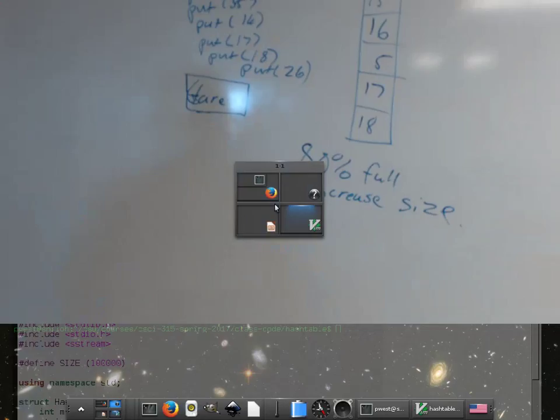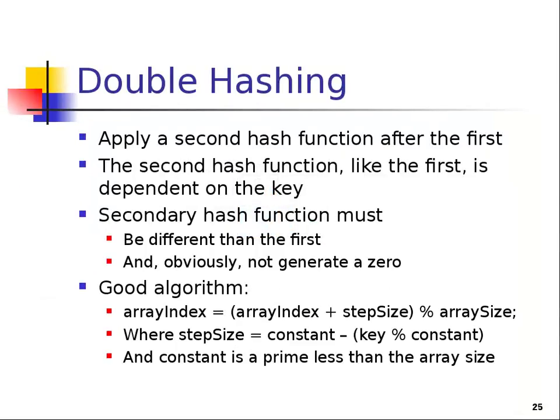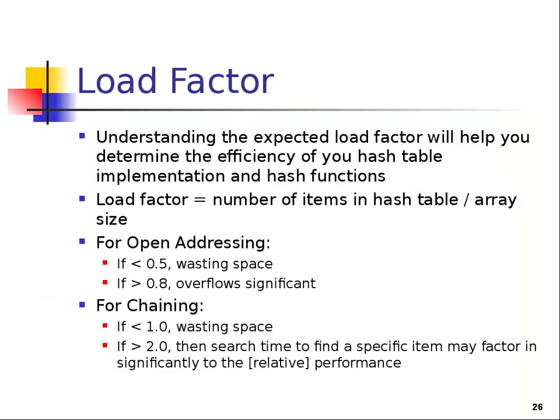So that's what a load factor is. It's there to help us avoid all these collisions. For open addressing, if you're less than 50% full, you're wasting a lot of space, so you want your load factor somewhere above 50%.